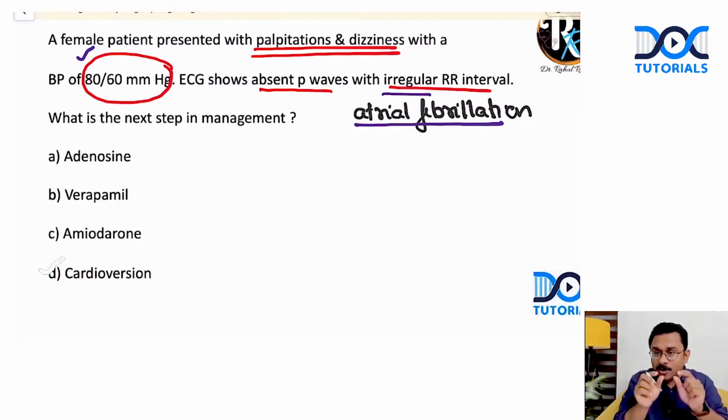So you have to read the question very carefully, Dr. Irene. If the patient is hypotensive, in PSVT also it is shock. But PSVT with normal BP, then you are right, Dr. Irene, you have to give adenosine. Okay, so that is also clear.